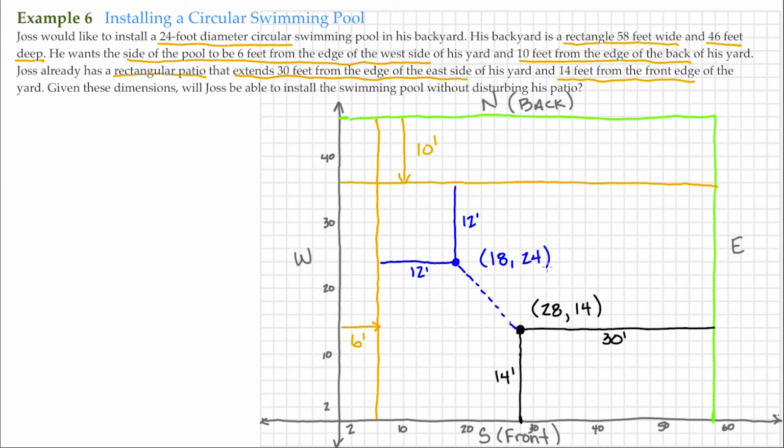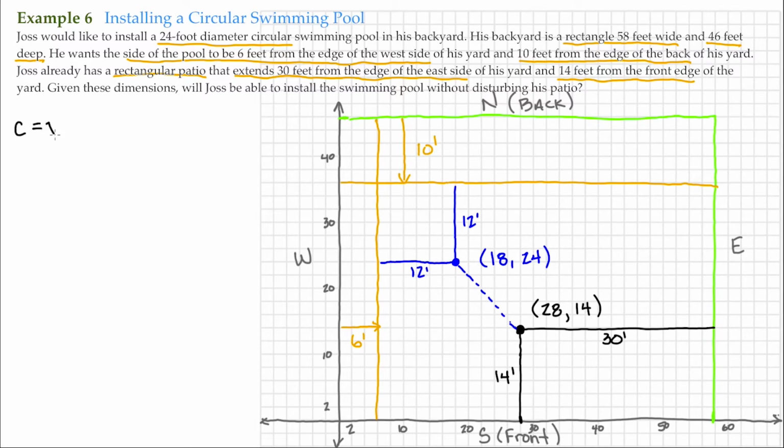So now that we know where those coordinates are, we're just going to use the distance formula. If this is more than 12 feet or 12 feet or more, then we know that we have a problem with the patio here. The pool just might not fit in there. So we'll go ahead and use the distance formula.